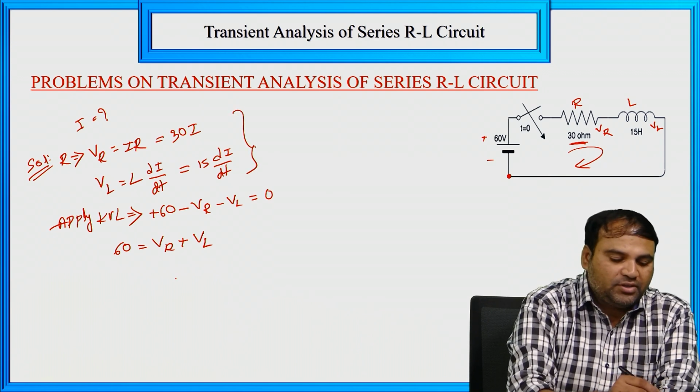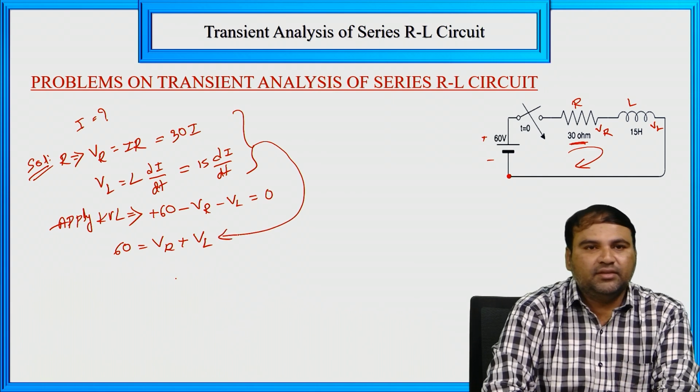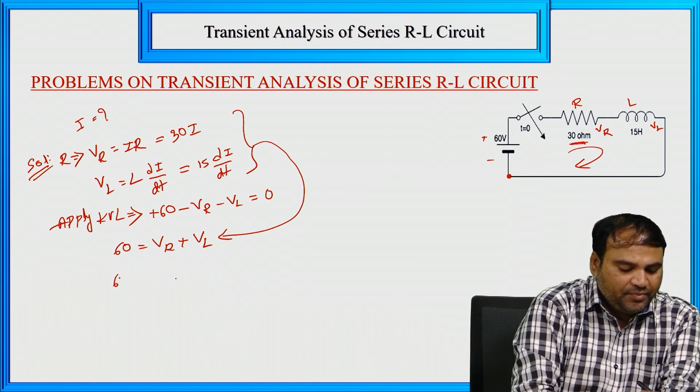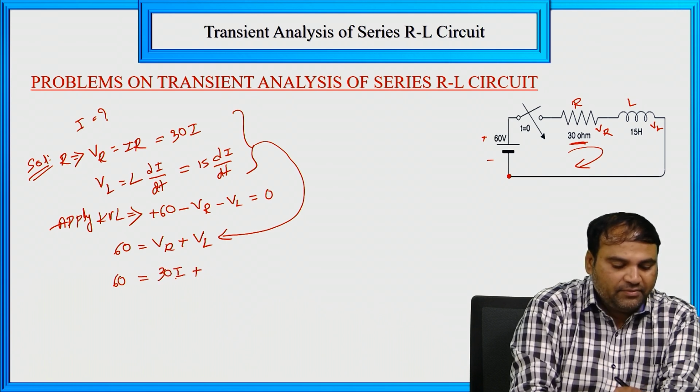Now we need to substitute the VR value and VL value in this equation. So we get 60 equal to VR, which is 30 into I, plus VL, which is 15 into di divided by dt.